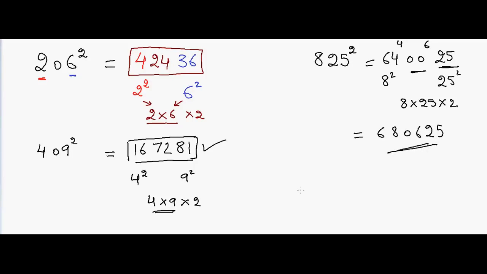So if you practice, then you can always do this calculation without even writing it on the paper. Now let's look into how this trick works. Any three digit number can be written in the following form: 100x plus y.